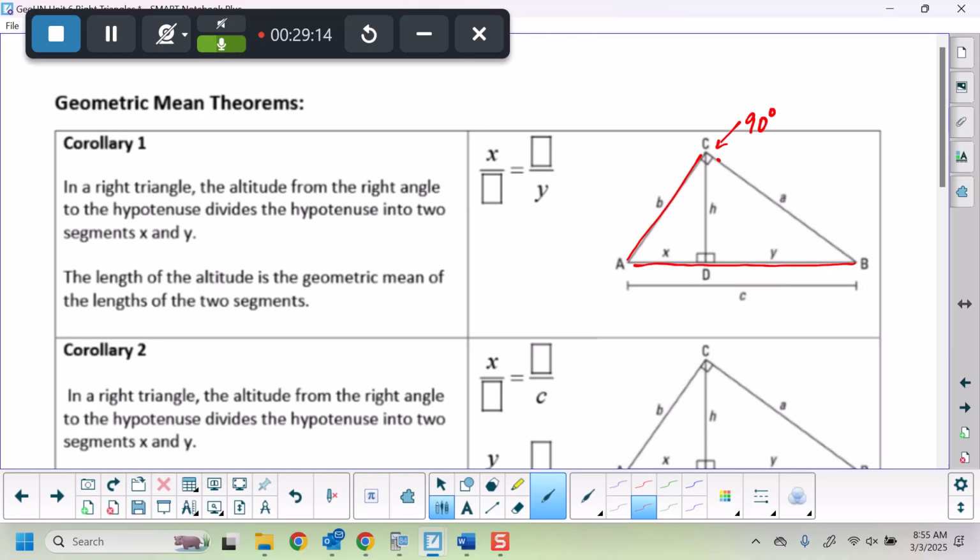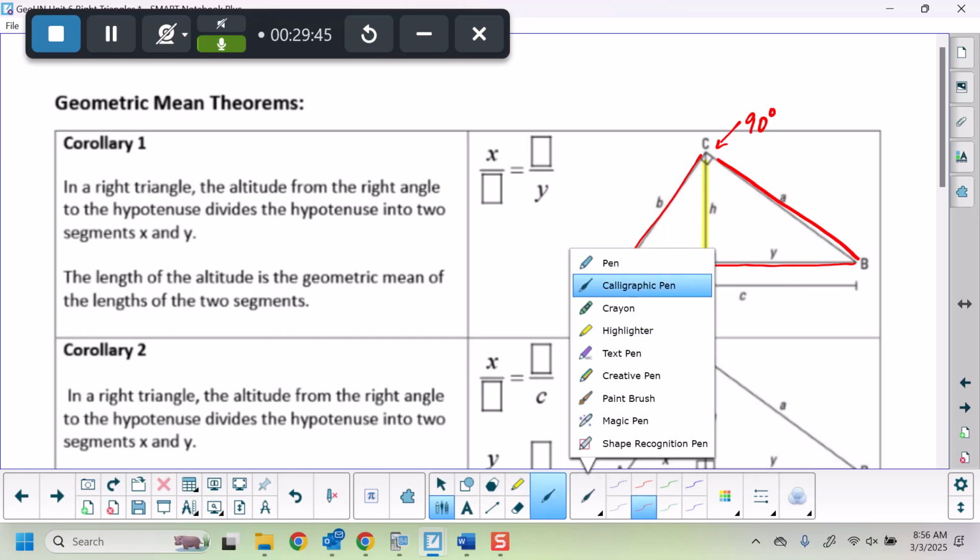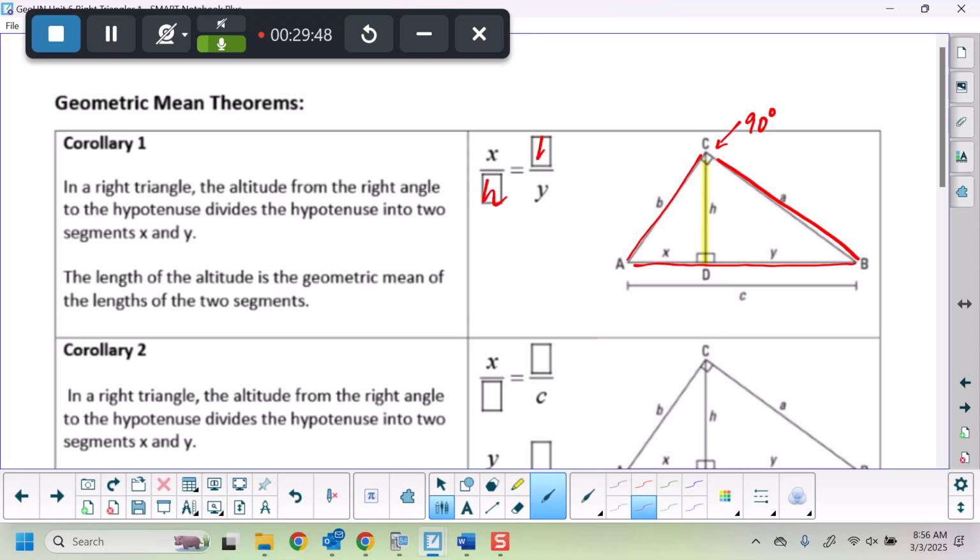Now you're used to seeing right triangles always sitting up, so it's different for us to see this triangle kind of laying down. But what we care the most about is this altitude to the hypotenuse of a right triangle. The altitude from the right angle to the hypotenuse divides the hypotenuse into two segments, x and y. This altitude h is going to be the geometric mean between x and y.